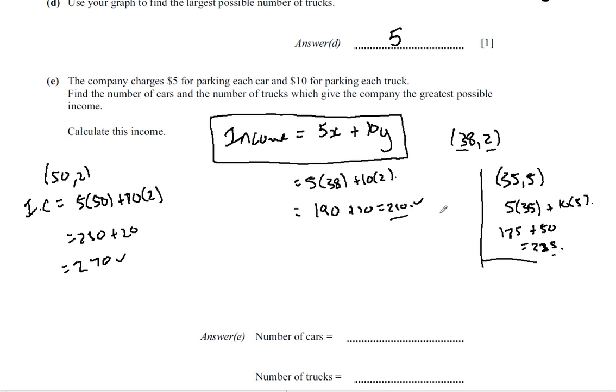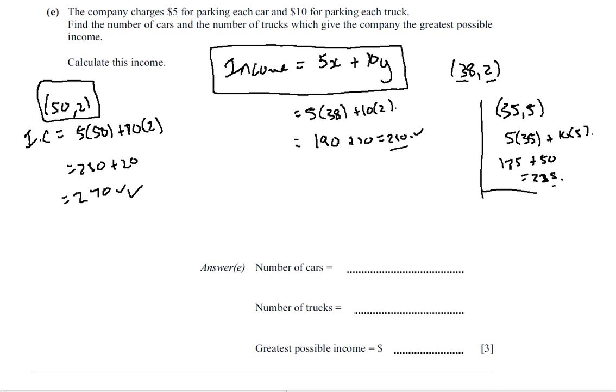So of the 3 vertices, when we have 50 cars and 2 trucks, we have the highest possible income, which is 270, because it's greater than 210 and 225. It's not the largest number of cars or trucks, it's just the cars and trucks that give us the greatest possible income, which is $270.